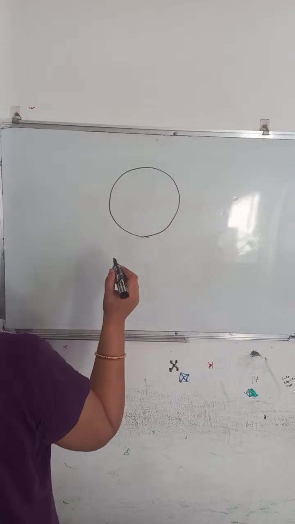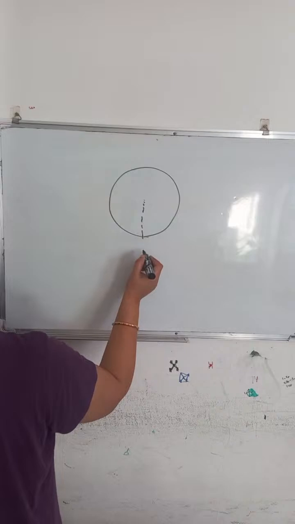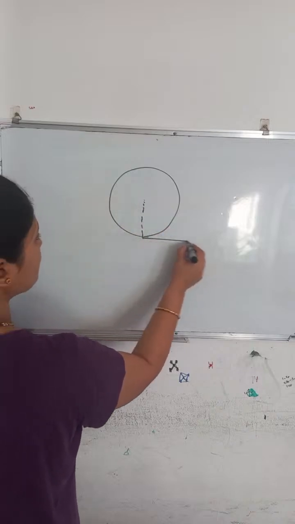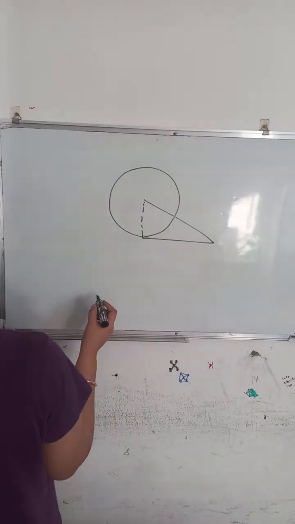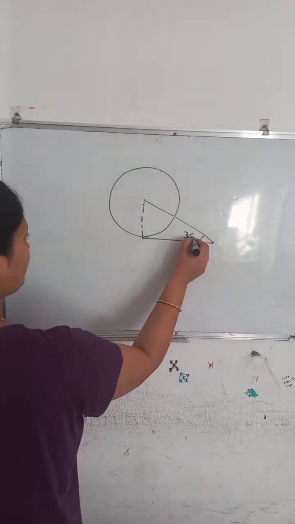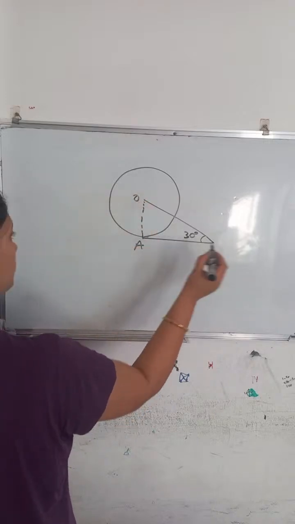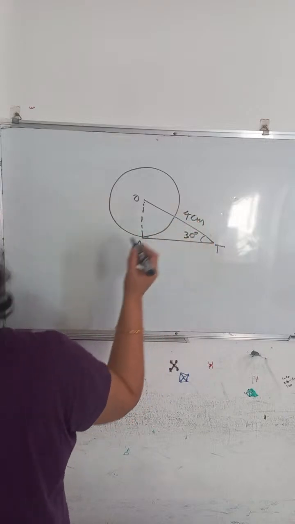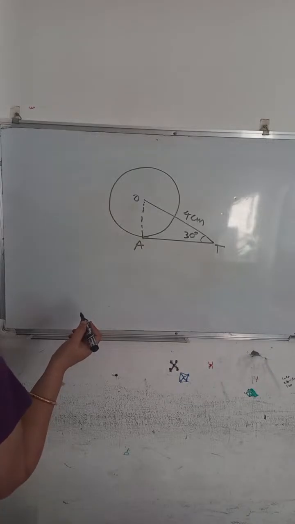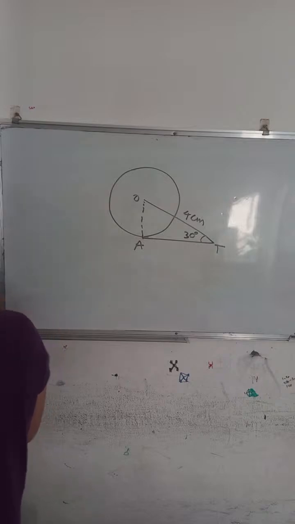Then AT is equal to: first option 4 centimeter, B 2 centimeter, C 2 root 3, D 4 root 3.